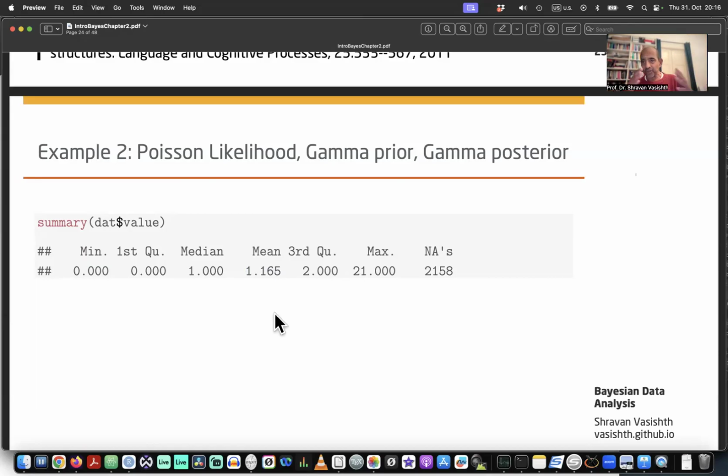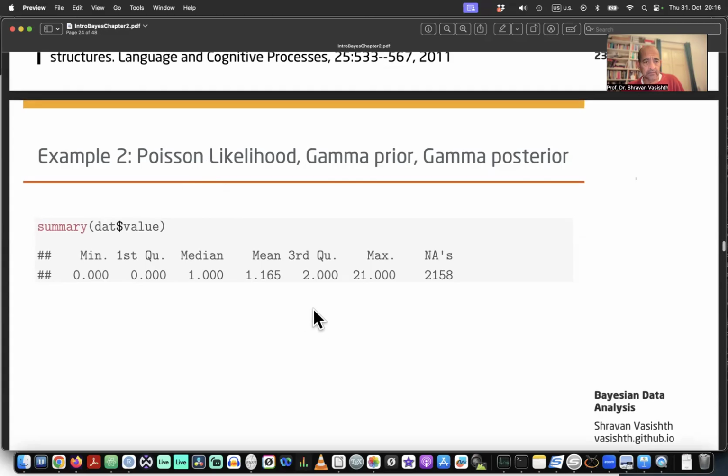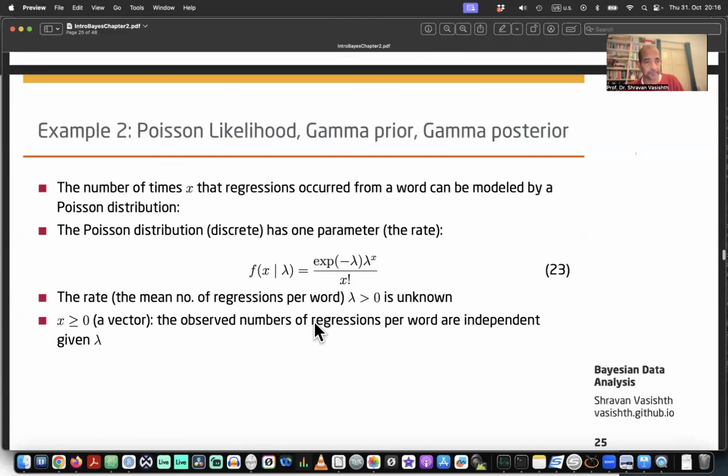This is the average of a bunch of discrete values, right? That's why it's 1.165. But you can see that the median is about 1, and there's not a very large number of regressions in most cases. This is just missing data. And so in some rare cases, they might have done a lot of regressions. So this kind of data can be modeled with a Poisson distribution, right?